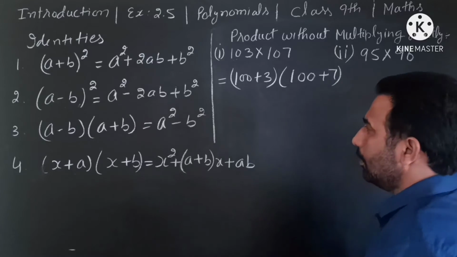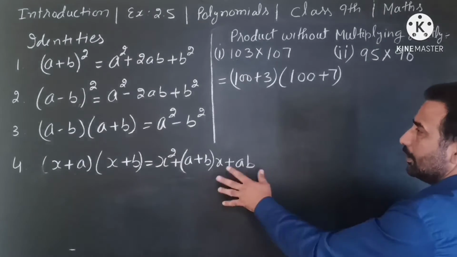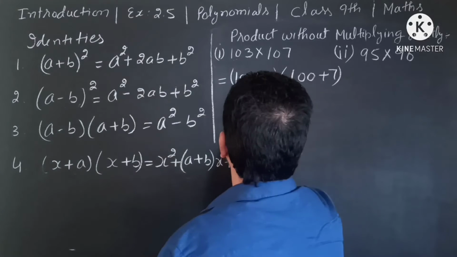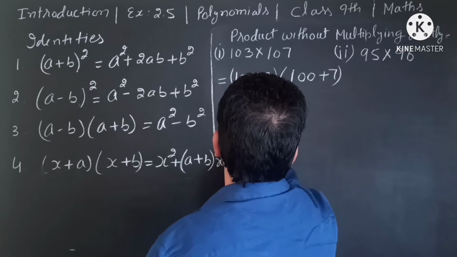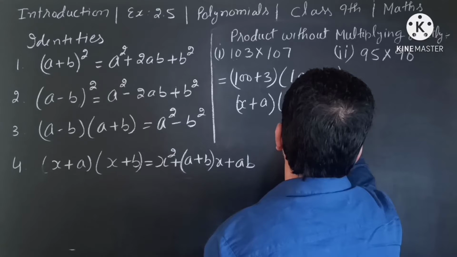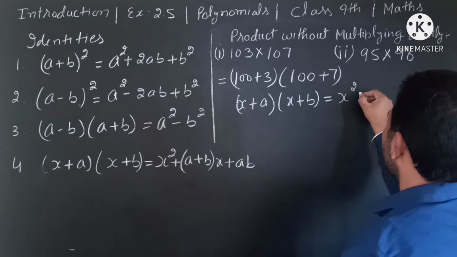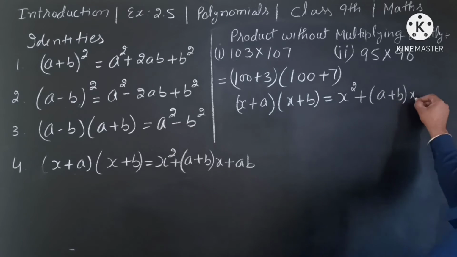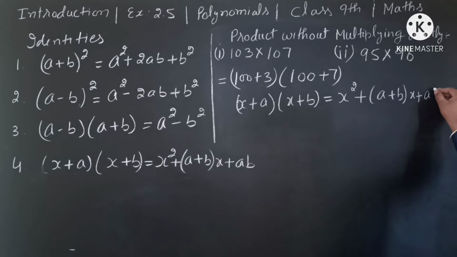Okay, now check which identity we can use here. The fourth identity is x plus a multiplied by x plus b equal to x square plus a plus b in a bracket x plus ab.